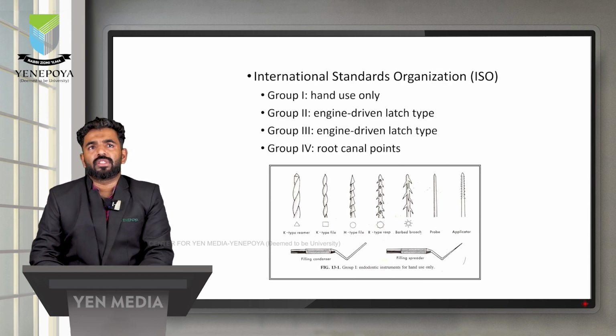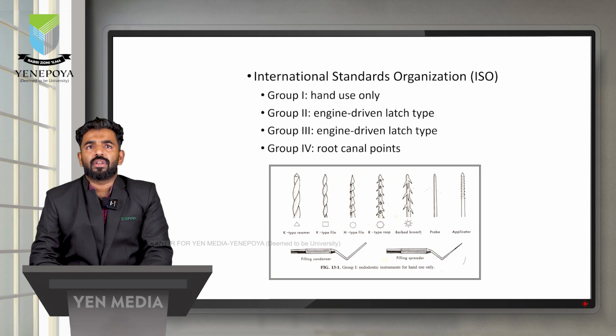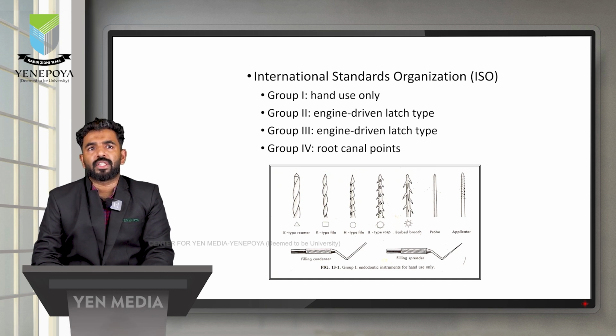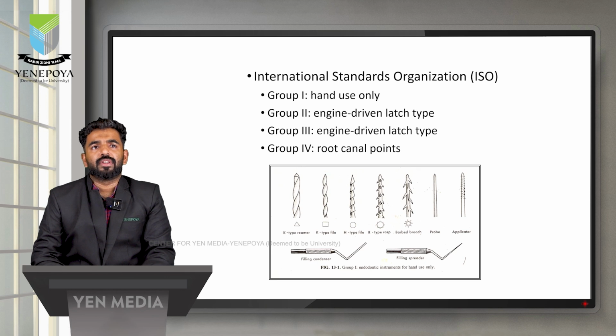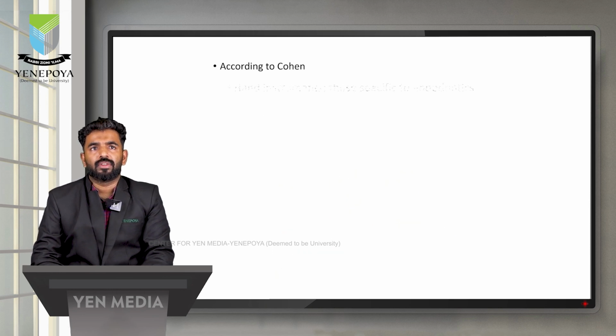Coming to the International Organization, otherwise called ISO, it groups the instruments into 4 categories. Group 1 is hand use only, Group 2 engine driven latch type, Group 3 engine driven latch type, and Group 4 is root canal points. You can see the figures.